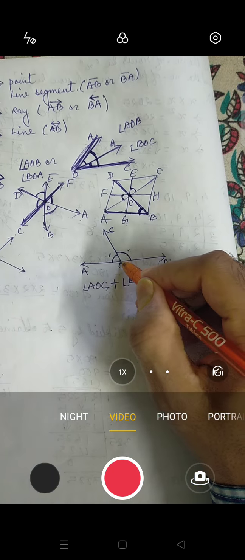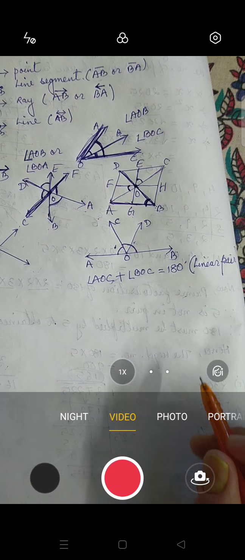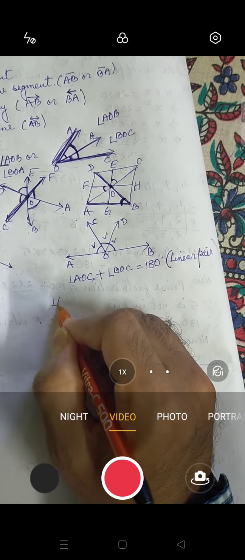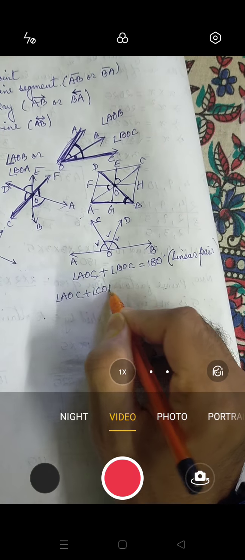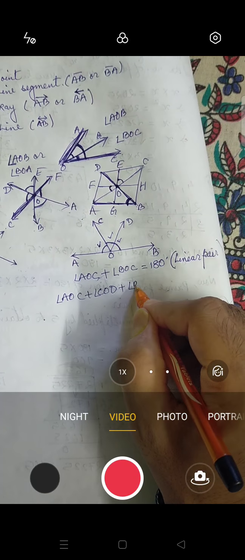But if you have three angles, that means this is one angle, this is one angle, and this is one angle. In that case, angle AOC, that is this angle, plus angle COD plus angle BOD, or you can say DOB, your choice, again it will be 180 degrees.